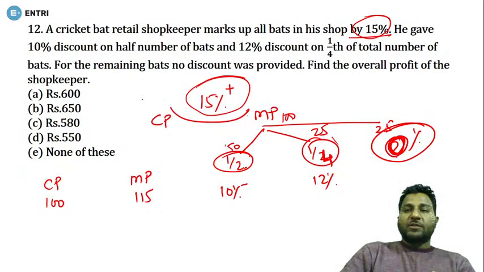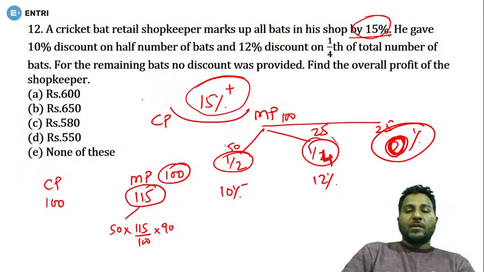So the selling price of 50 bats must be what? Must be at 90%. So let's say that the MRP of 100 bats was 115. So for 50 bats, we will be getting 90% of what?